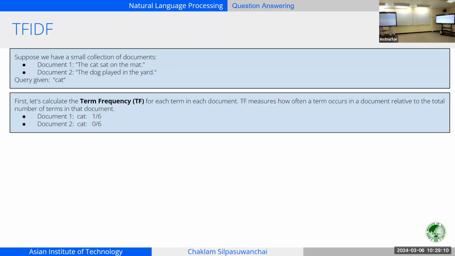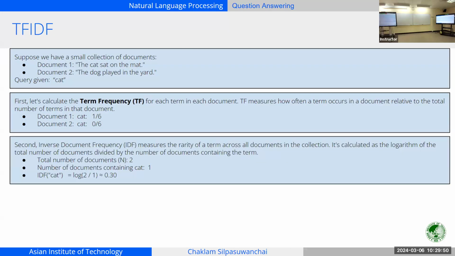In TF-IDF, we first need to calculate something called TF, which is simply the count of that term divided by the number of all terms in that document. So how many cat in this? One. And how many terms in here? 1, 2, 3, 4, 5, 6. So 1 divided by 6. In document 2, no cat, so 0. How many terms in this? The dog play in the yard, 6. So 0. This is term frequency.